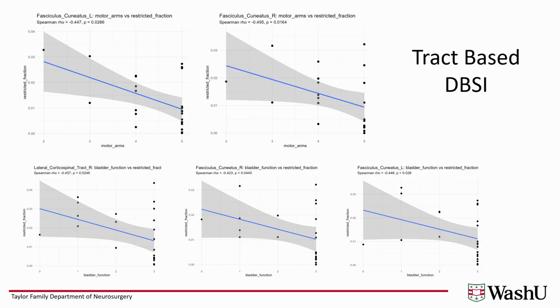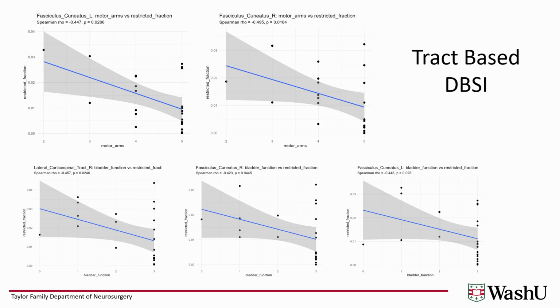Coming to the correlations between different measures, the two charts on the upper side show how the signal from fasciculus cuneatus correlates with restricted fraction measured for upper arms.